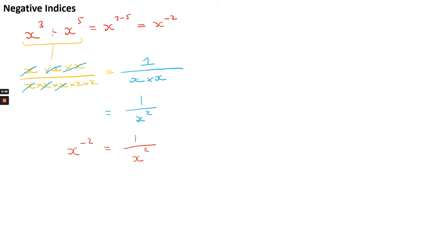Now we're going to look at a few examples, but the key thing here is that this negative means we flip the fraction. The fraction might not be really obvious, but I can write this as x over 1, and then apply the power.